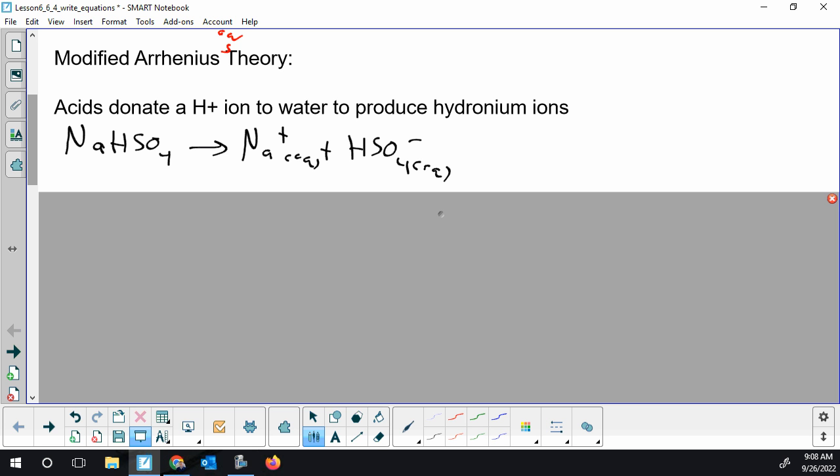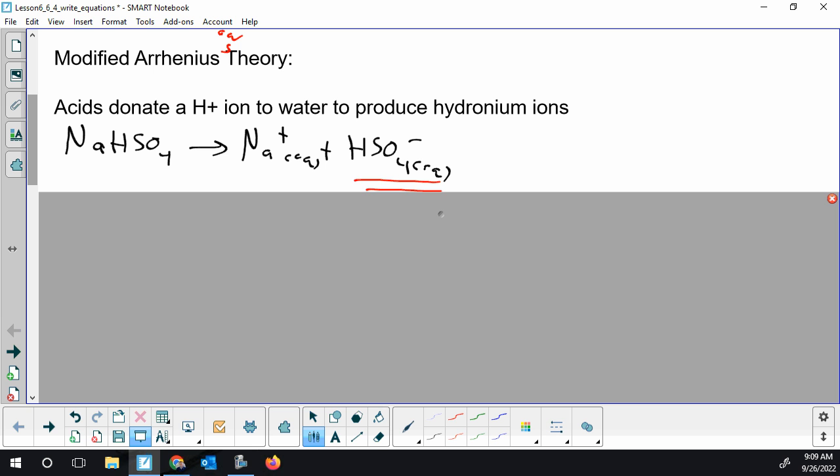And sodium ions are not going to make any hydroxide. You're going to see group 1 metal cations and group 2 metal cations are never acids and bases. We're going to be dropping those and using the other pieces consistently throughout this lesson and unit.